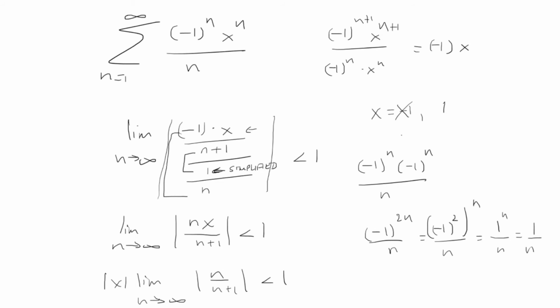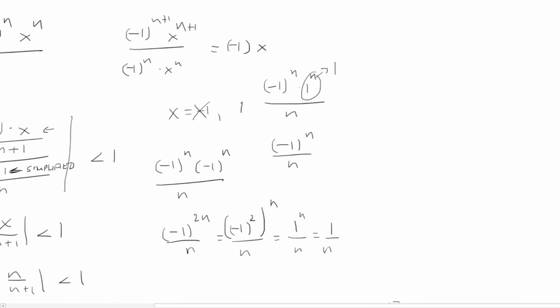If we have x equals 1, that turns into negative 1 to the n times 1 to the n over n. 1 to the n is just 1, so that's just negative 1 to the n over n. Now we know that this is an alternating series, so we would have to check the conditions for the alternating series.